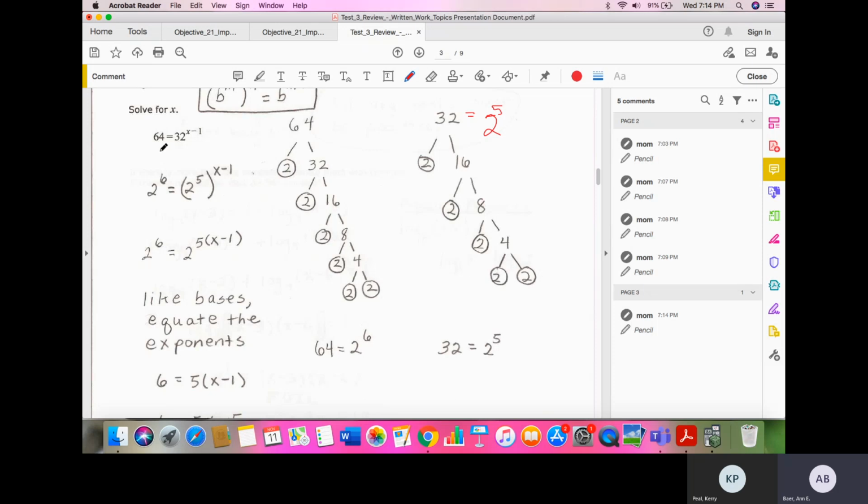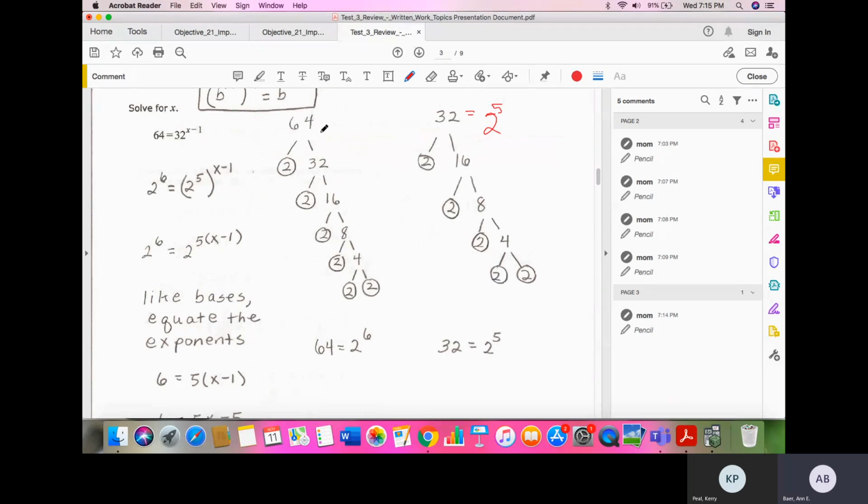Now our other base on the other side over here is 64. And what we notice is 64 is even. Therefore, it's divisible by 2. If you take 64 divided by 2, you will get 32, the number that we have here. So we can stop now because we know how many 2's multiply together to give us 32.